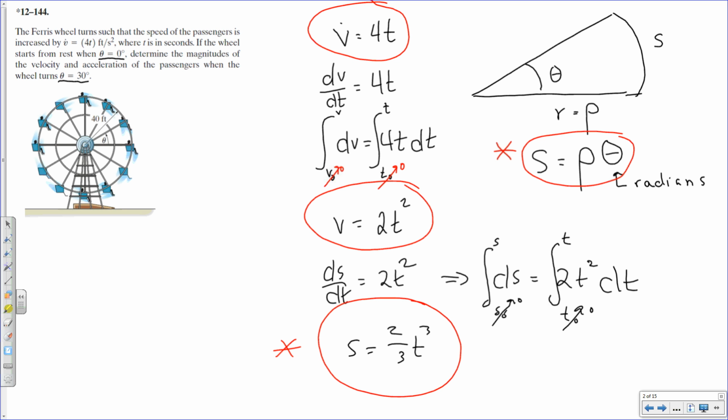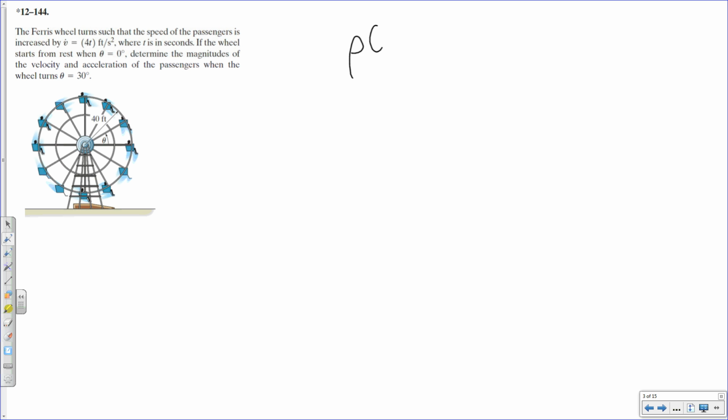Excellent. So if we substitute these two equations into one equation, we find that rho theta is equal to 2/3 t cubed. I can solve for t cubed. It's equal to 3/2 rho theta, 3/2 times 40 feet, times theta, and again, we want to make sure we're using radians, not degrees.